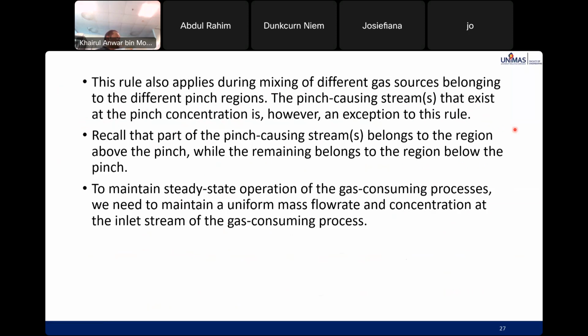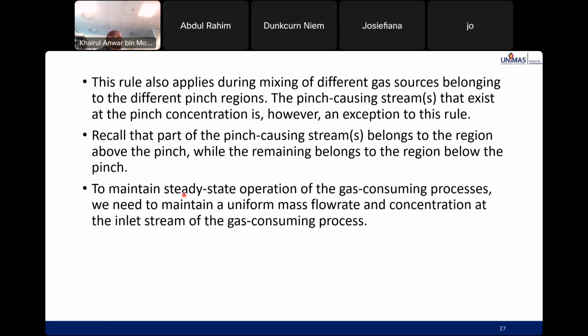Meaning, what fraction of the stream at the pinch goes for recycle or reuse, and some fraction of it will go to below the pinch, meaning it will be discharged.